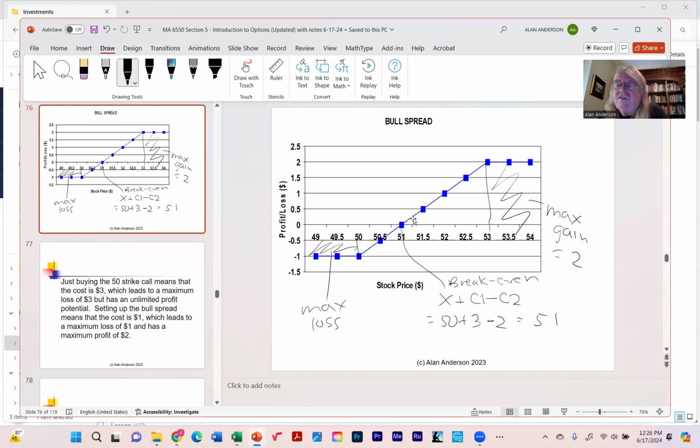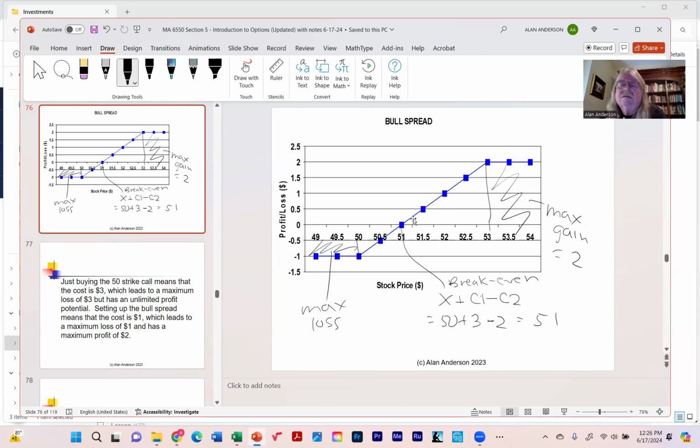So I would say that this investor is cautiously optimistic about the stock price, and therefore they want to take advantage of that by selling that second call, which limits their profits, but also reduces their costs. Okay, so there you go. So this person is thinking not just the price going up, but how high it might go up.